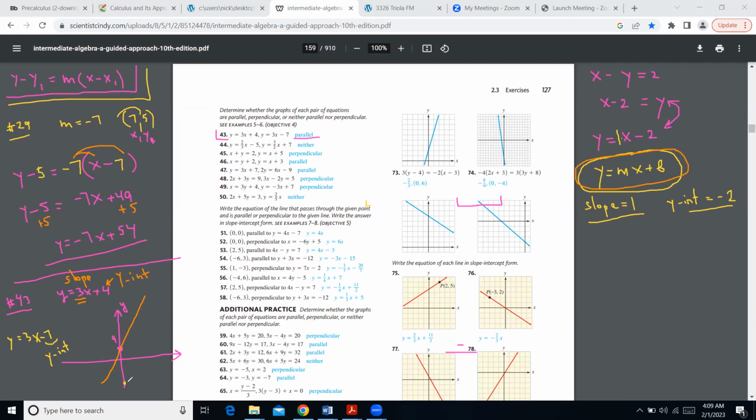So I can see that -7 is someplace down below. I plotted it there. And there is another line, it turns out, with the same exact slope. So if slopes are the same, the lines are parallel. And if lines are parallel, then their slopes are the same. That's the message here.